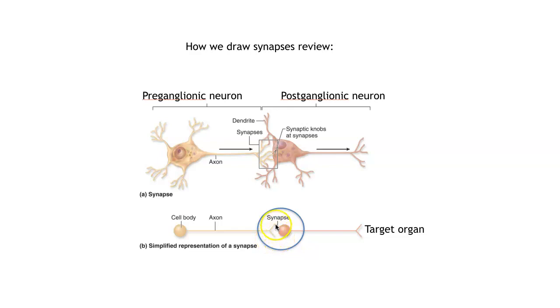This is showing you the synapse. This is showing you the ganglion where it's synapsing. And then the postganglionic axon will go to its target organ. And remember, the first preganglionic neuron's axon is myelinated. The postganglionic neuron axon is unmyelinated. Have to know that. Synapse, acetylcholine. Synapse with the target organ, acetylcholine.